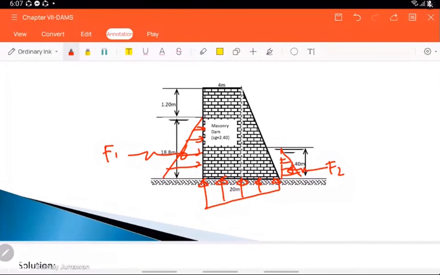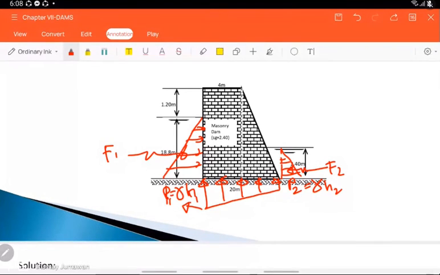So here this is U1, and this is also your U2. Again, this is your gamma times h. So here is also your gamma times h. And the pressure at this is P2, this is your P1. This is also gamma times H2.